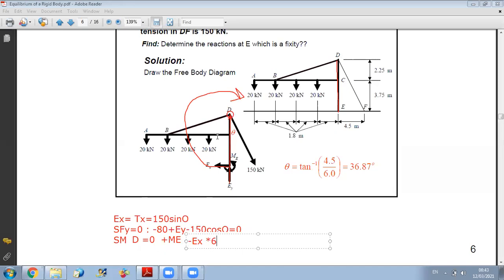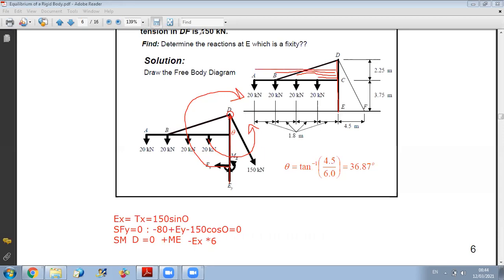Now, for the other forces, the 20 kilonewton forces, all are producing counterclockwise moments about this point. So the first force of 20 kilonewton, I should multiply by this distance, which is 1.8. The second force, I multiply by 2 times 1.8. The third one, I multiply by 3 times 1.8. And for the final force, I multiply by 4 times 1.8.